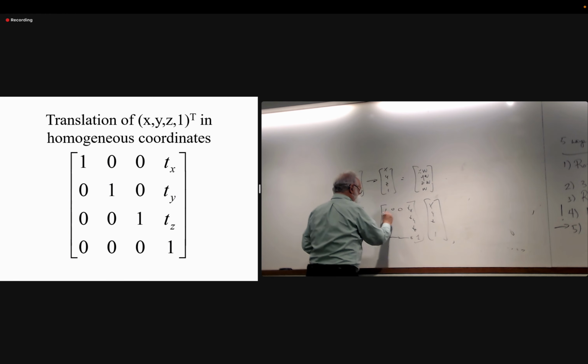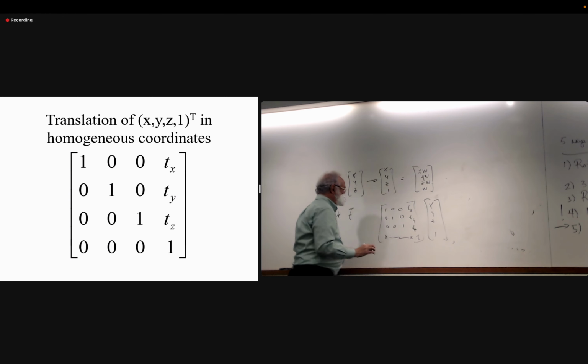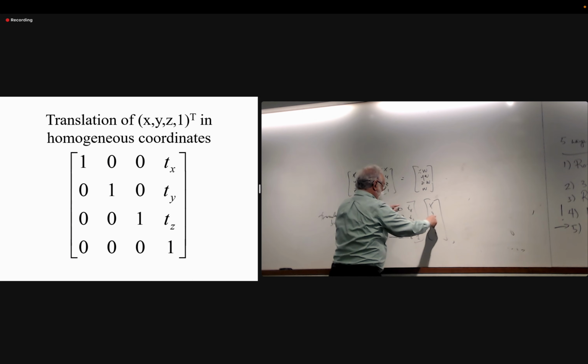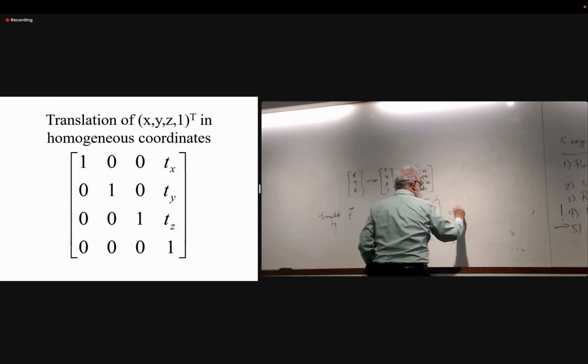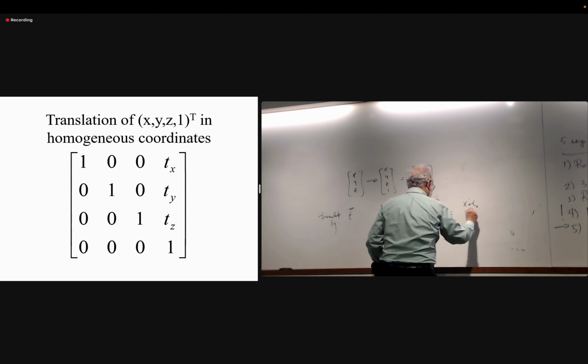It's 1, 0, 0, 0, 1, 0, 0, 0, 1. You're going to get 1 times x plus tx there.